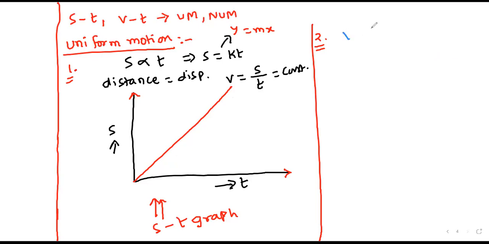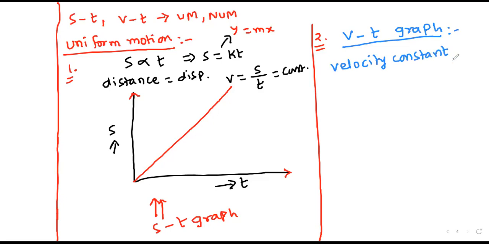Next, the velocity time graph. In uniform motion, velocity is constant whatever the time. On the x-axis I am considering time, and on the y-axis velocity.